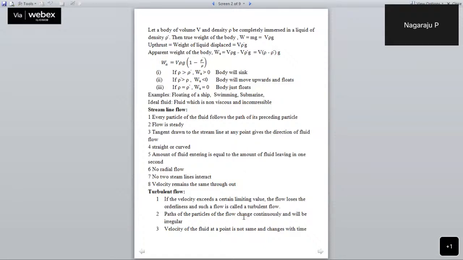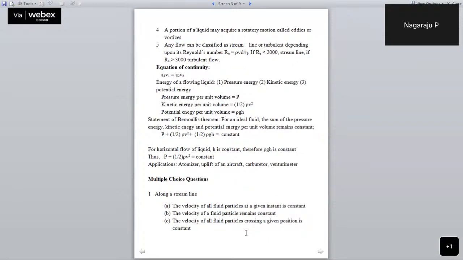Sometimes even if you are going in a boat, you can see that if the speed of the water is more, it will hit the boat at the bottom and then go back. And if you observe carefully, you can see that. And further, the velocity of the fluid at a point is not the same and changes with time.